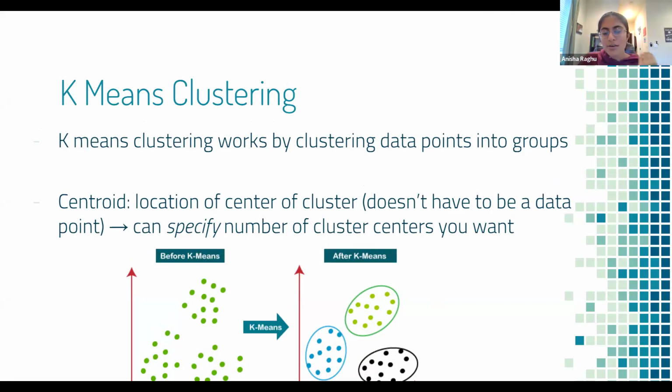The number of centroids you have is the number of cluster centers you have. In the picture at the very bottom of the slide, before k-means, you just have a bunch of unlabeled data. There's no way of determining how to group them. After k-means, you see that it's grouped into very specific sections. Next slide.